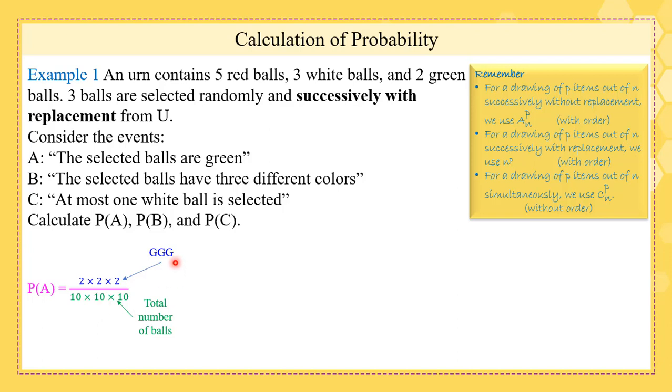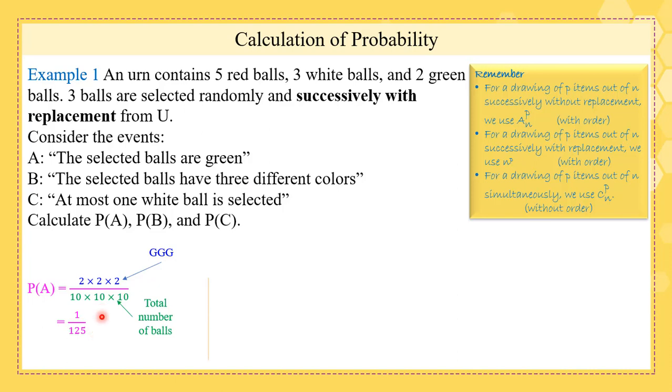Now for the numerator, pay attention. In a successive with replacement selection, we can in fact select 10 green balls even if we just have 2, because after each selection we're going to replace the green ball again to the urn. So the answer would be 2 cubed over 10 cubed, which is 1 over 125.